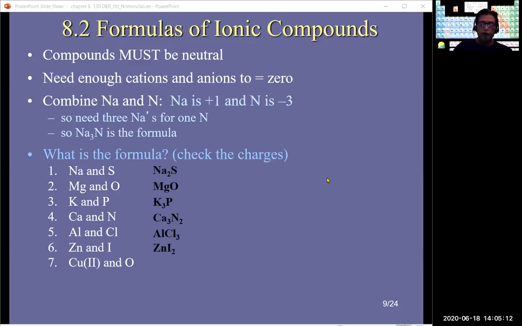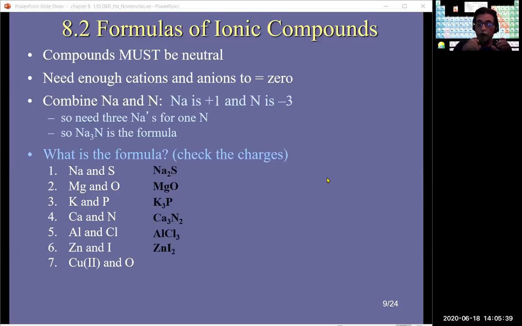Now, the Roman numerals. The important thing to remember, because I had a couple of questions on this with respect to the homework and quizzes and so forth, is remember I talked about the Sweet 16, I call it that, simply because those were the metals in group 1 and group 2, and then I gave you aluminum, zinc, silver, and cadmium, and I gave you the charges.